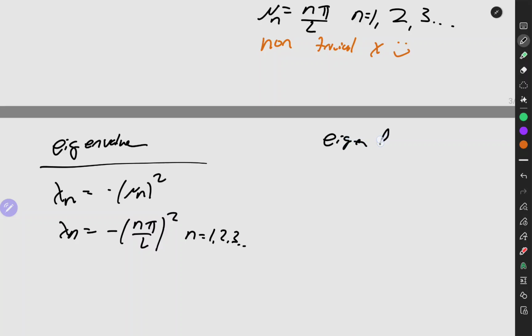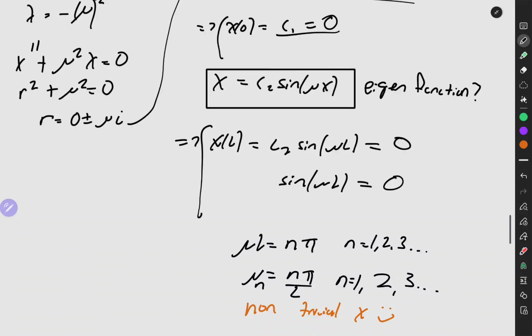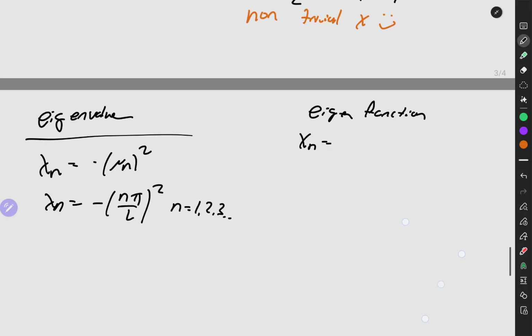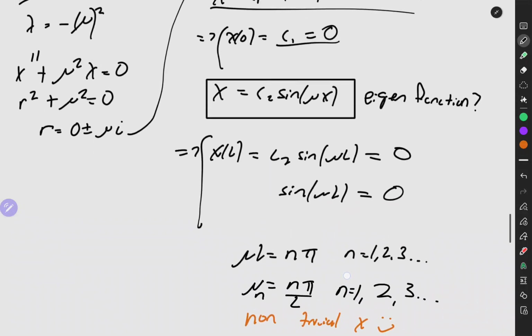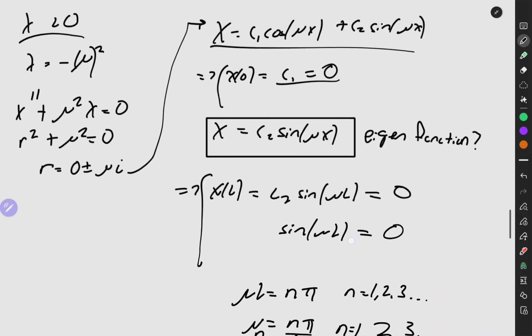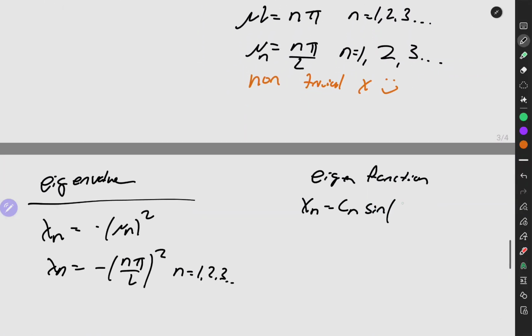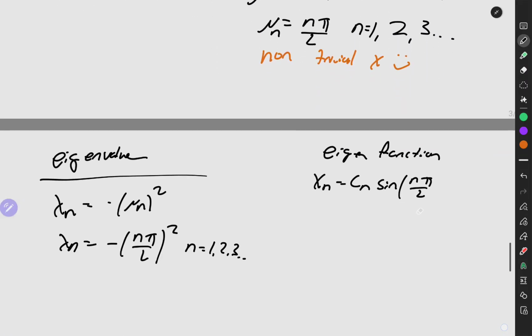Now, my eigenfunction. We're going to look back up at our last general solution, and rewrite it as x sub n. Now remember, this c can be anything. So we're going to write it as c sub n times sine of n pi over L times x, for every n, 1, 2, 3, and so on.